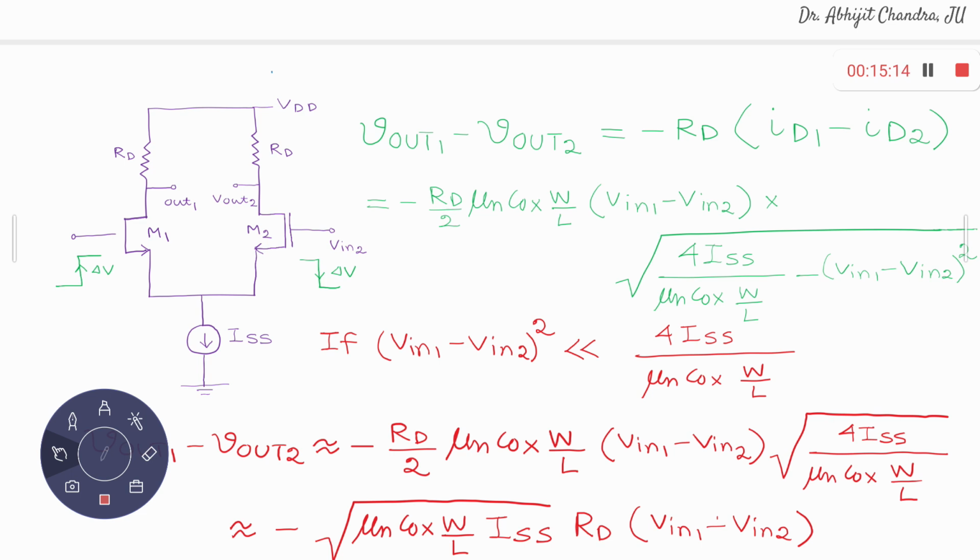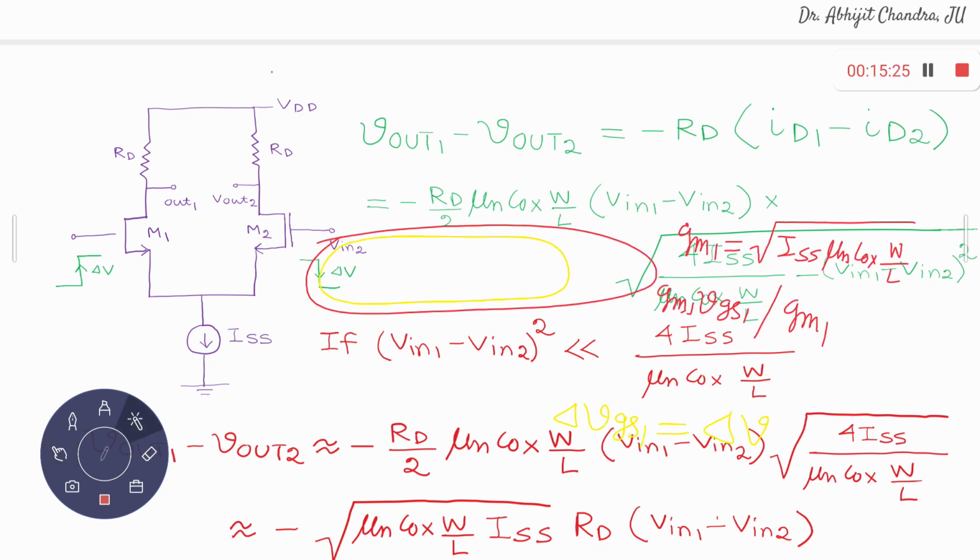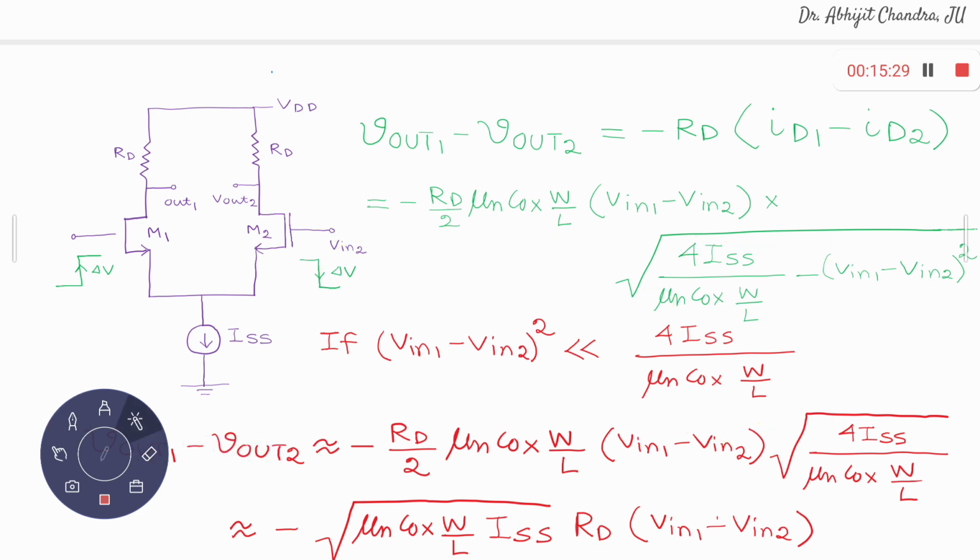What I obtain is that if I apply some positive delta V change at gate 1, this positive delta V change is basically absorbed between the gate and the source. So you applied some change there, plus delta V, and this change is absorbed between the gate and the source, keeping the source terminal at a fixed potential.